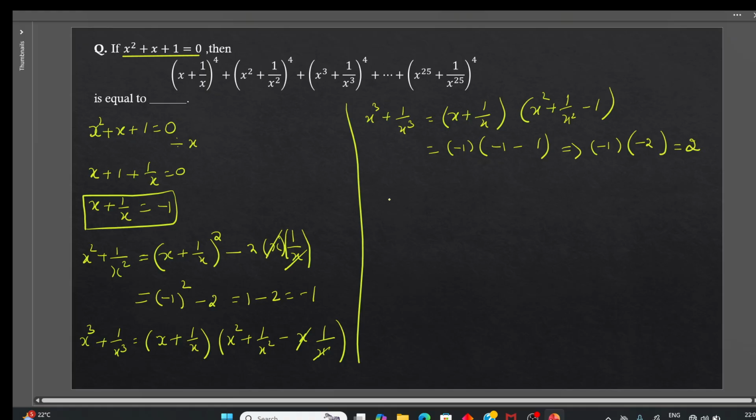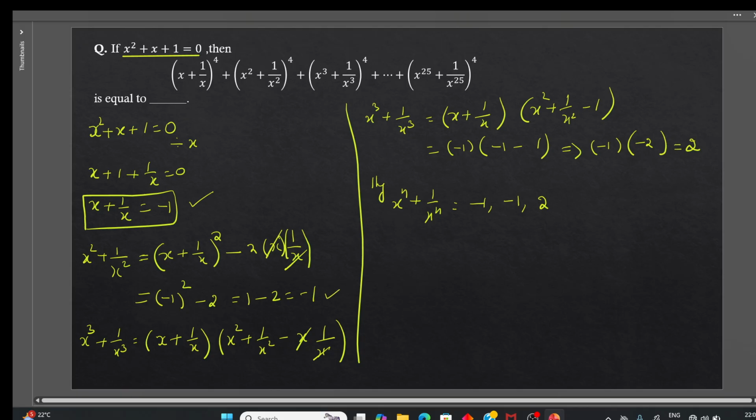Similarly, we need to find x to the power of n plus 1 by x to the power of n. The values are minus 1, minus 1, 2.